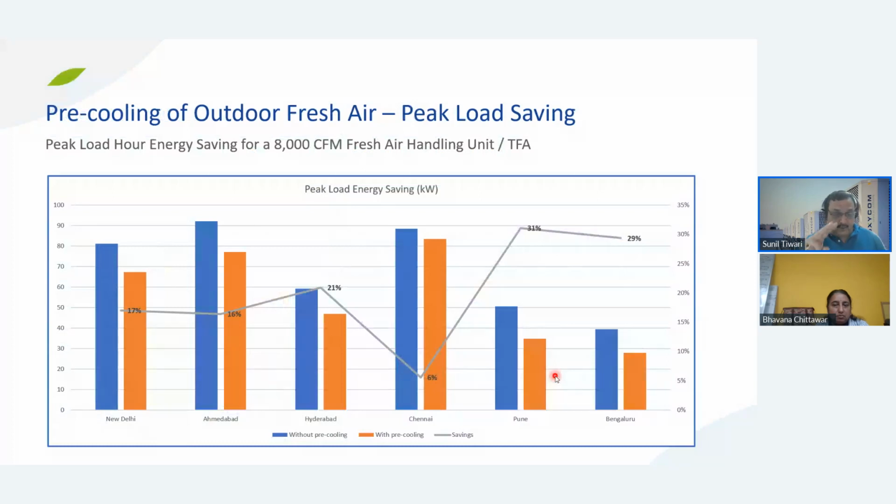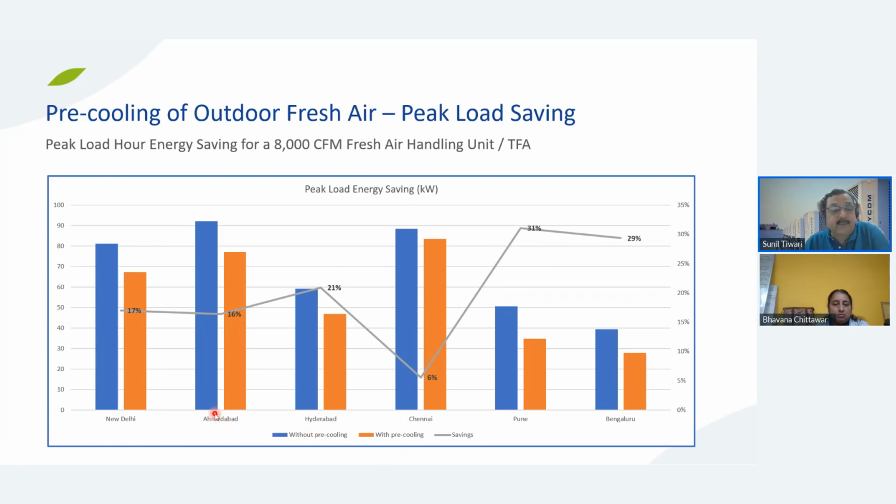Now the gains are twofold. One is during the peak summer time when outdoor temperatures are maximum. Let us say for this example, 8,000 CFM. For an 8,000 CFM pressure handling unit, without pre-cooling is the blue bar, and with pre-cooling is the orange bar.